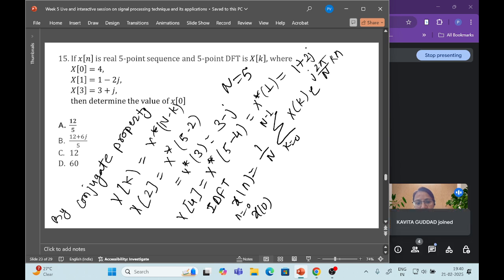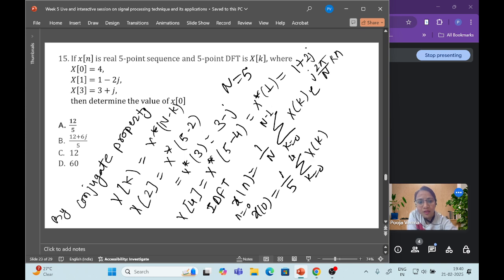So 1 by 5, summation k varies from 0 to 4, X of k, e to the power 0 will be 1, so it will come X of k only.